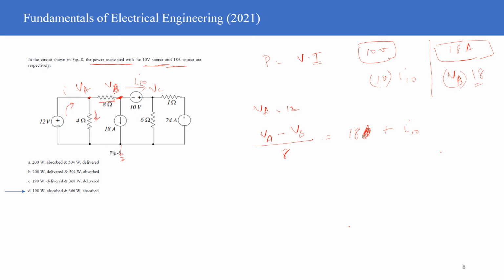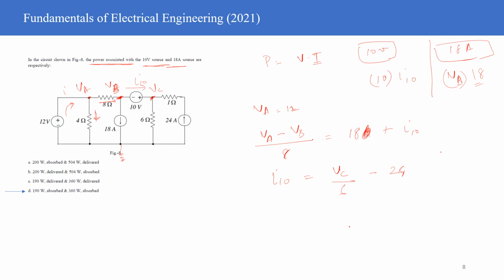And then I'll write the same thing at node C. So it is nothing but I10 is equal to VC divided by 6 minus 24, right? So you have this particular equation at node C.